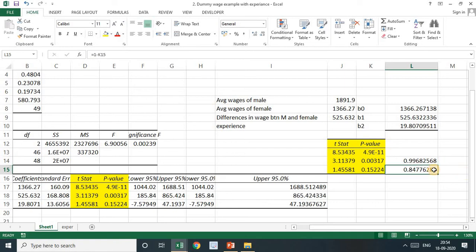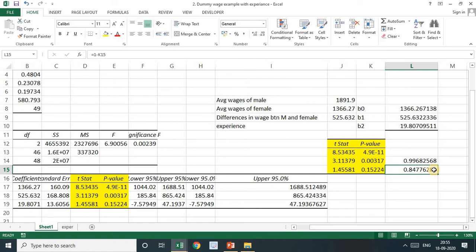Here, what is the null hypothesis? It says that the beta 2 coefficient is equal to 0. That means people do not get an additional amount of wage whenever their experience increases.